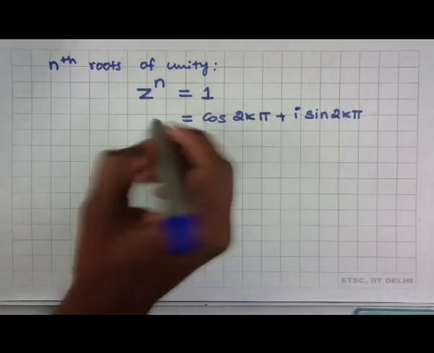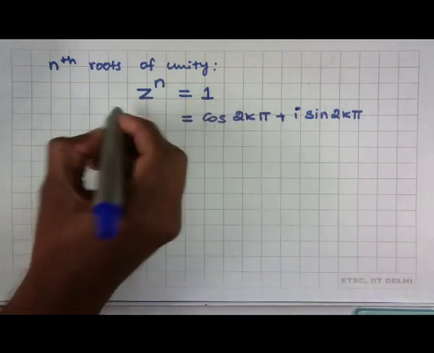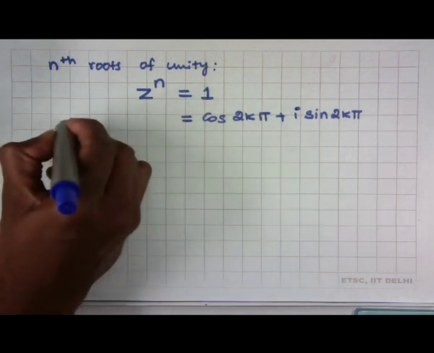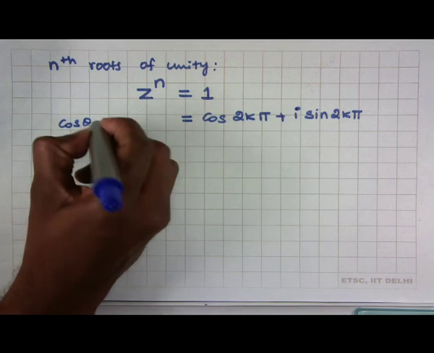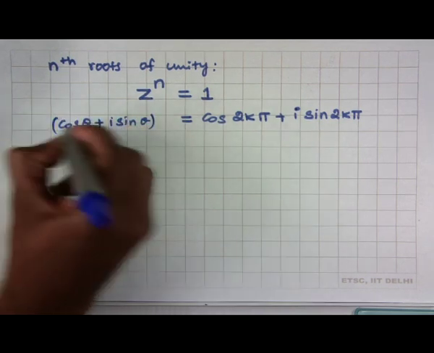Now, the complex number Z which we are looking for, let us write it as (cos theta plus I sin theta) to the power n.